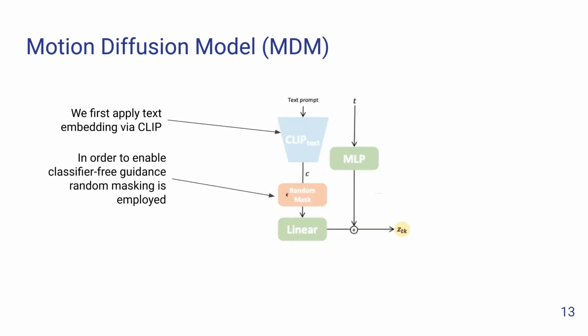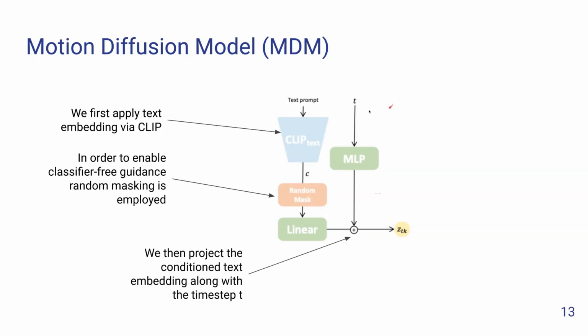The random mask is just a fancy word for enabling classifier-free guidance for the CLIP text. Specifically in this paper, they say that 10% of the time, they're going to set the condition to null. If you remember from CLIP, if you set the condition to null, it enables it to be classifier-free. So that's all this random mask is doing. It's randomly masking some of the conditions in the embeddings.